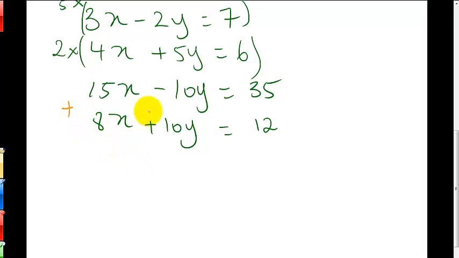Yeah. 15 plus, well, your calculator has to be right? Yeah. 15 plus 8 is 23. X is equal to 47, and therefore x equals to... No. 35 plus. 35 plus. Oops. Yeah, and then divide it by 23.